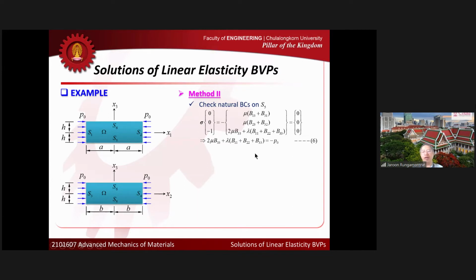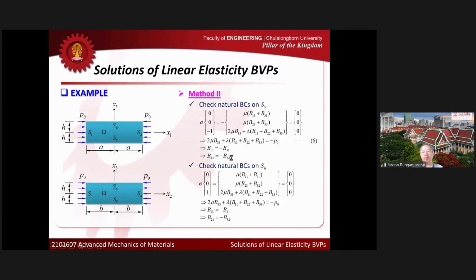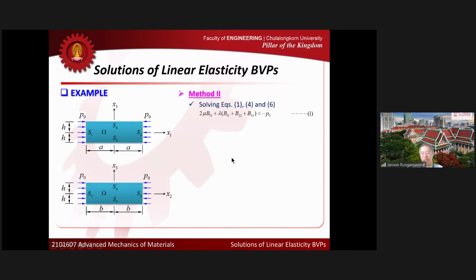So based on these 3 equations, we should be able to solve for B11, B22, and B33, forming a system of 3 equations, right? All of them contain 3 unknown constants, so we can solve the system simultaneously.